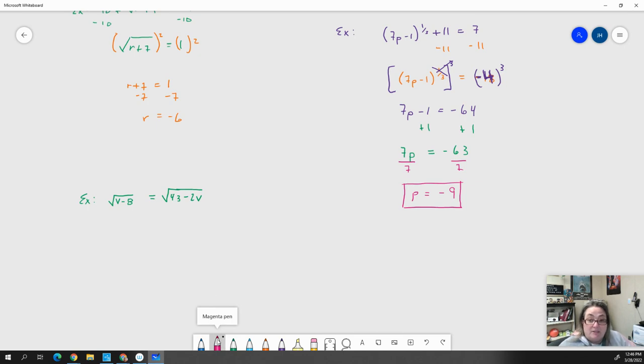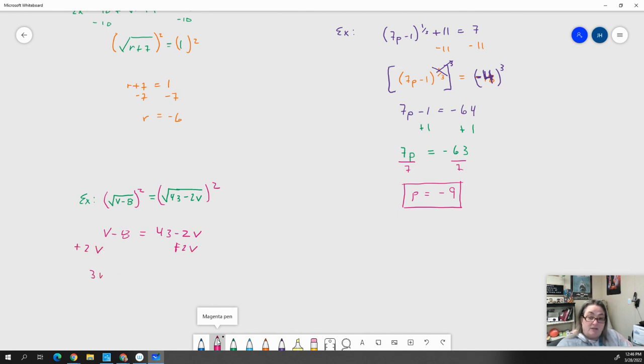So you would just square this and square this, and then both sides come out of the radical, right? And so you're left with v minus 8 equals 43 minus 2v. And then you could just solve for v, right? Let's add 2v to each side.